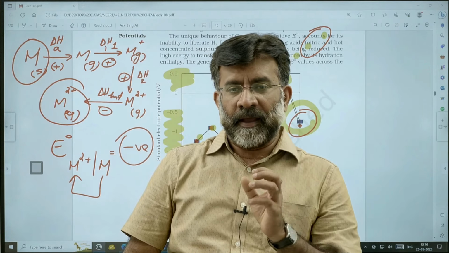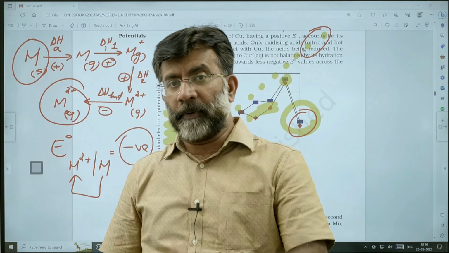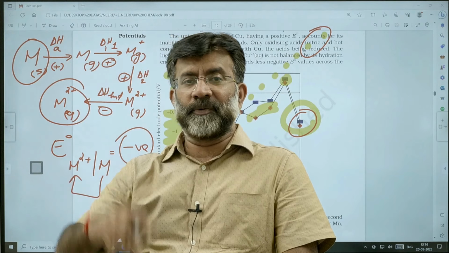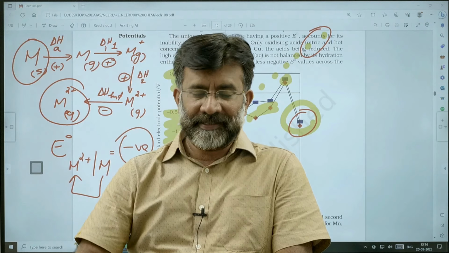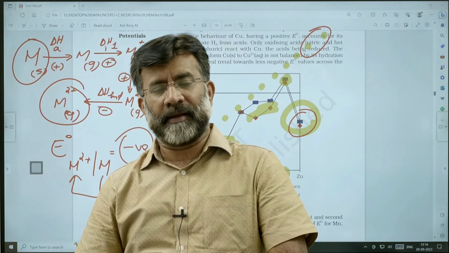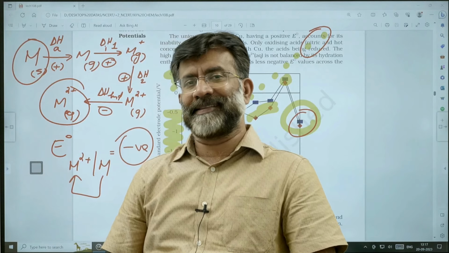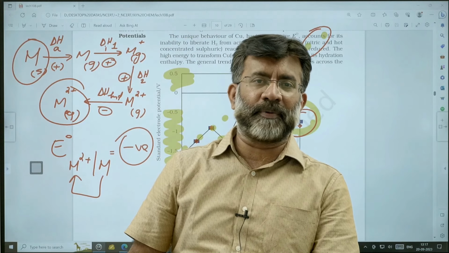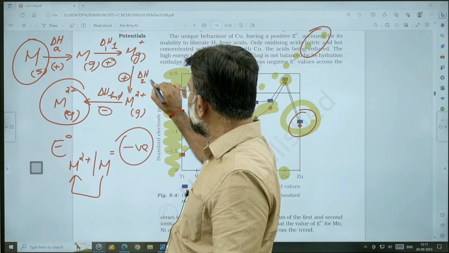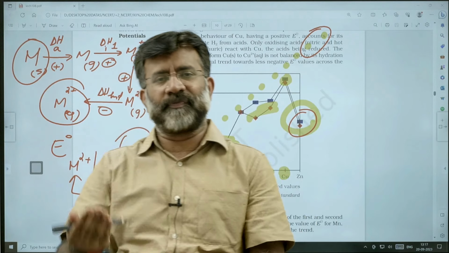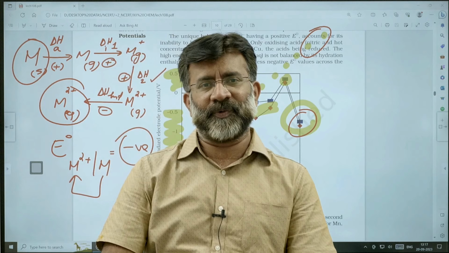Right? On the other hand, for copper, why does it go positive? Of course, it has a reasonably high enthalpy of atomization. The ionization enthalpy is very high, the second ionization enthalpy for copper is very high, and this value for copper is very high. That is reflected in its positive value.